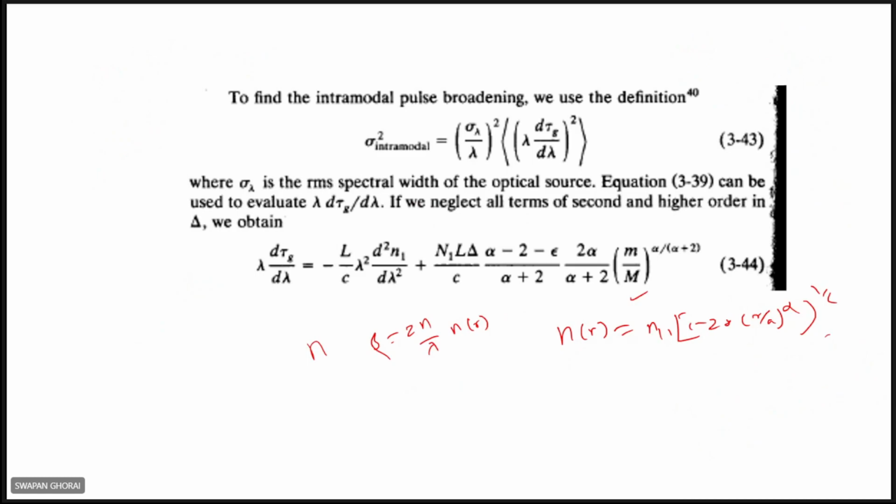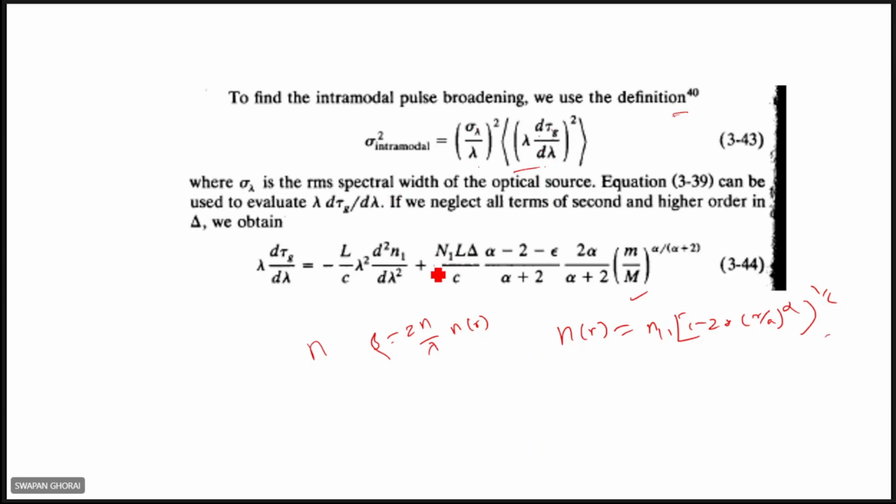And how to calculate this intramodal? For intramodal, this definition is used by some researchers: sigma lambda, that is delta lambda by lambda square into lambda d tau g by d lambda square average. If you calculate this one, then you can have these ones.